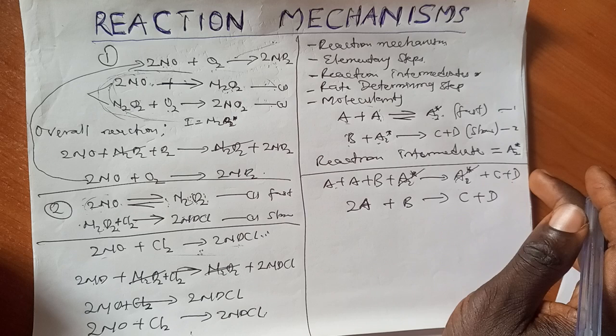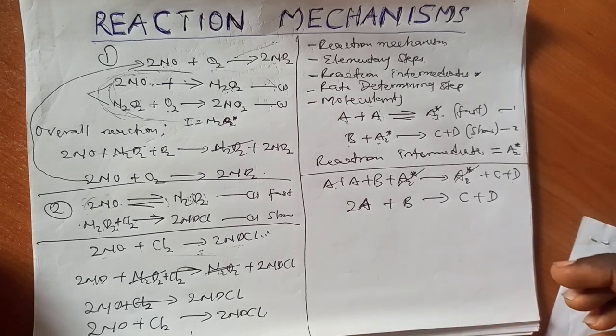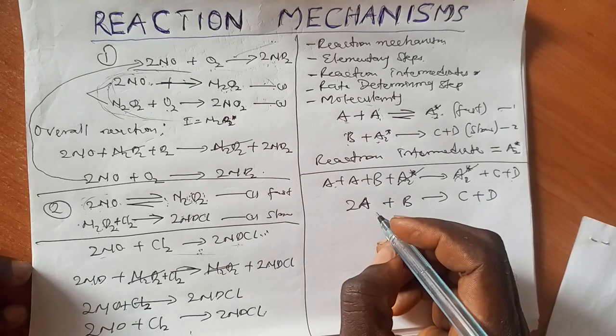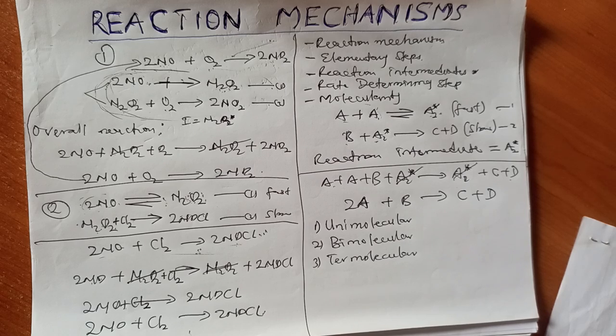In most questions, you are usually asked to determine the overall reaction and the molecularity of each reaction. In molecularity, we have three types: a reaction can be unimolecular, bimolecular, or termolecular.